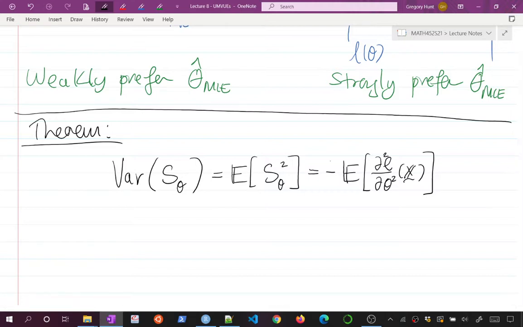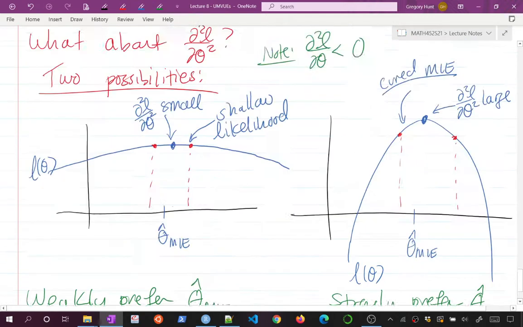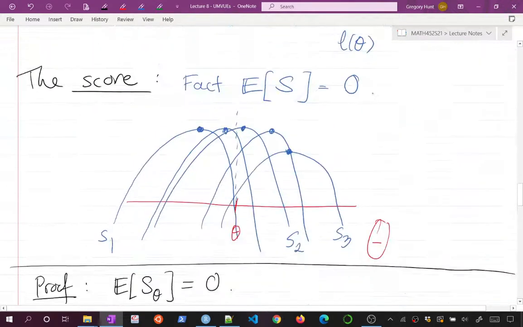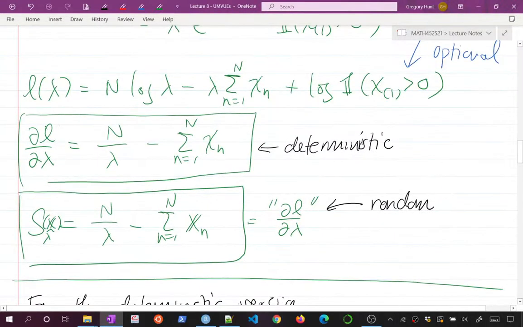So the same way that my score here is kind of this first derivative, you could instead take the second derivative. When we go back up to our exponential example way back up here, I said we had dL/dθ, which is deterministic, and we had the score, which basically replaces little x's with big X's, right?